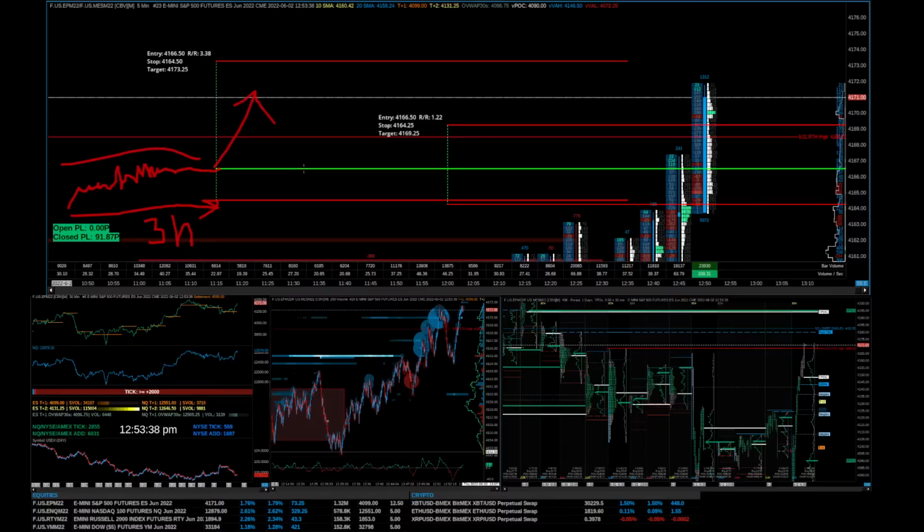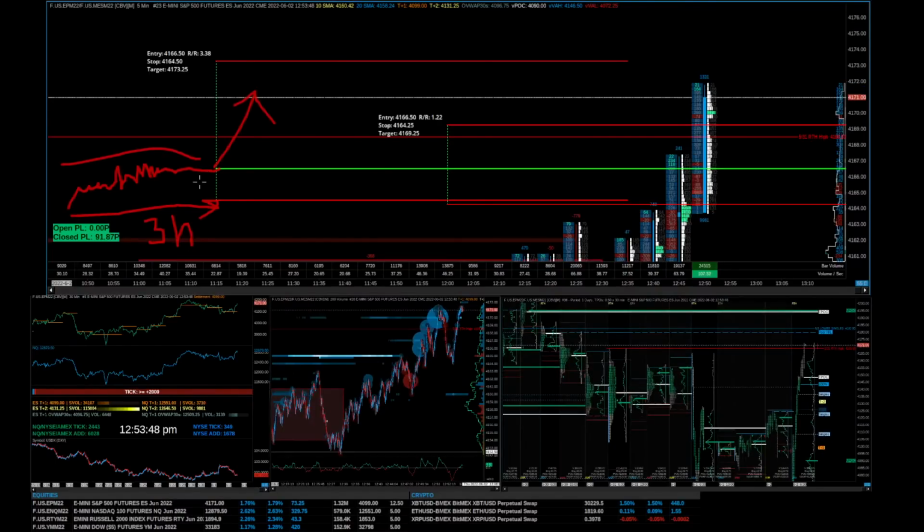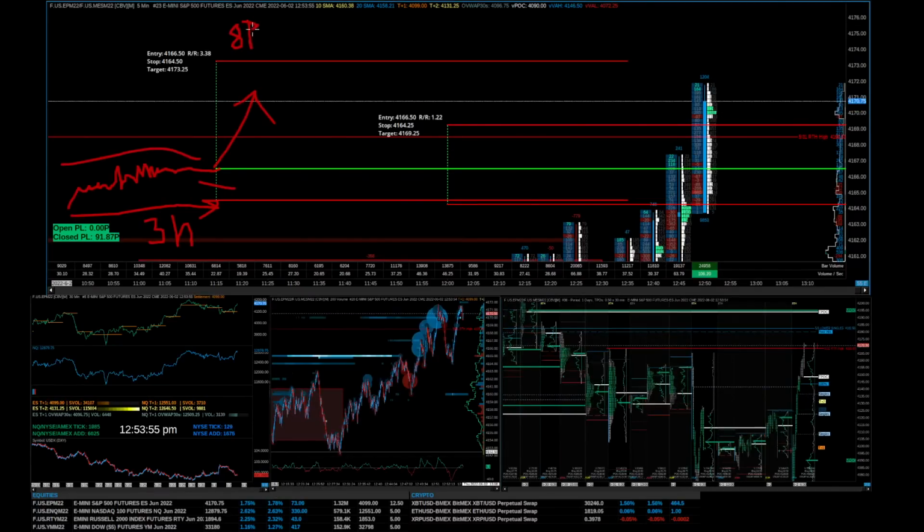If you're a really good operator, good at big picture stuff, and you think you're going to catch a move to the upside, you might even be able to tighten this up and get like 8R out of it. Is that your style?